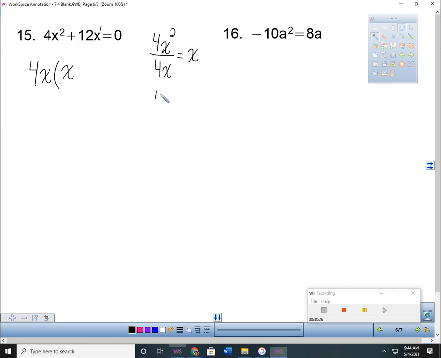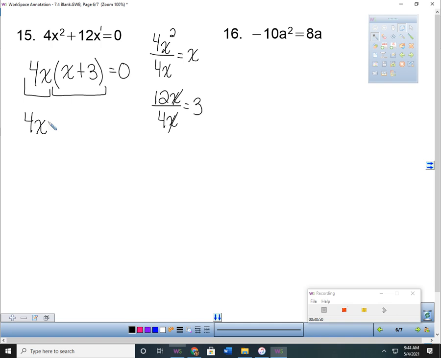And then I'll do the same with my 12x. 12x divided by 4x. 12 divided by 4 is 3, and then my x's cancel, so I just have a plus 3. So now I have two factors, the 4x and the x plus 3.